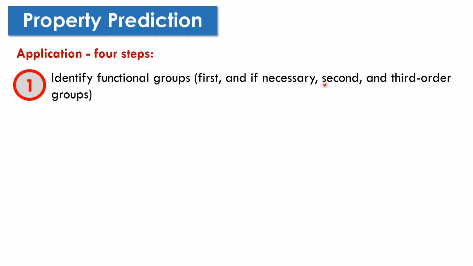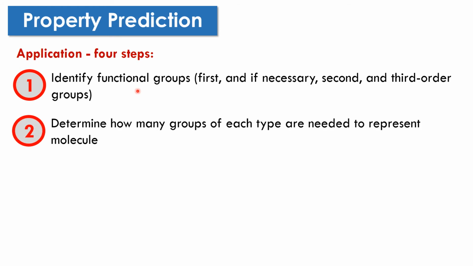We have two papers, right? 2001 and 2012. The paper in 2012 is an improvement of the parameters. But to understand the usage of the types of groups for second order and third order, it is better if you can read the paper for 2001.